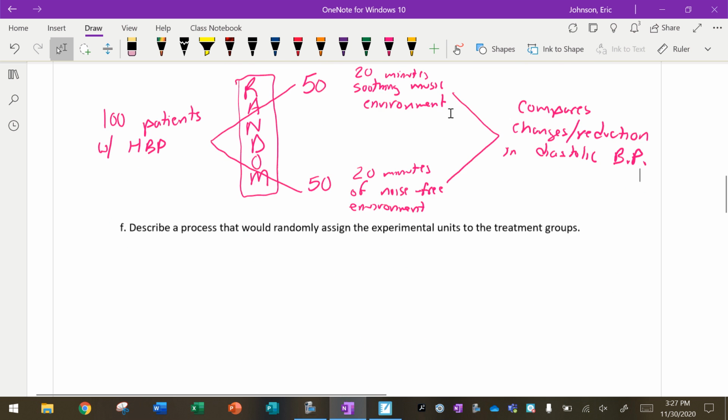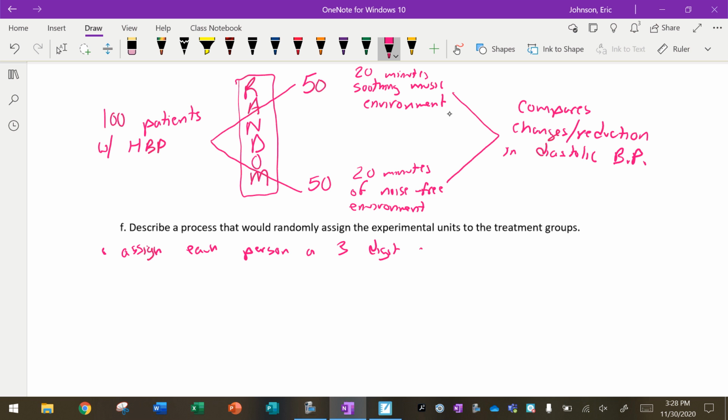Now, how could we possibly randomly assign the experimental units to the treatment groups? Well, I'm going to stick with the idea of a random digit table, because that's what you're used to. So, assign each person a 3-digit value from 001 to 100.